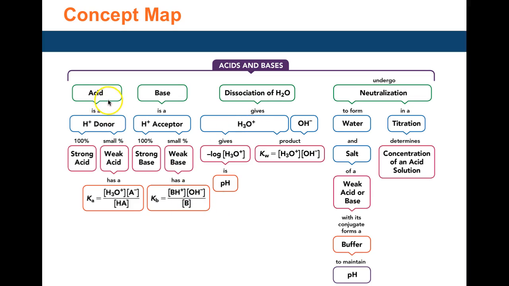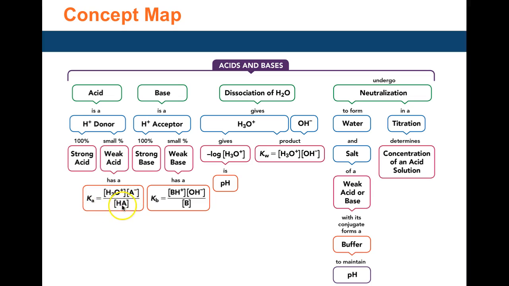We first started out by just defining what acids and bases are, starting with Arrhenius and moving on to Bronsted and Lowry with the proton donor, proton acceptor concept. We looked at what strong and weak acids are, as well as strong and weak bases. 100% breakup is strong, less than 100% is weak.